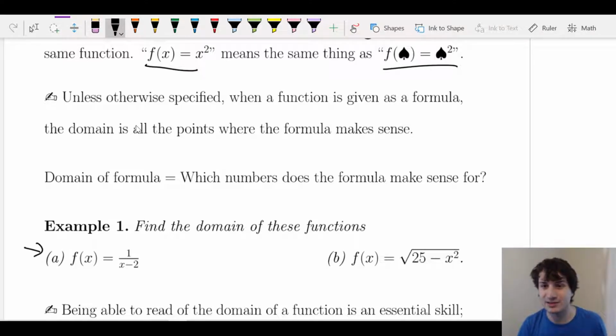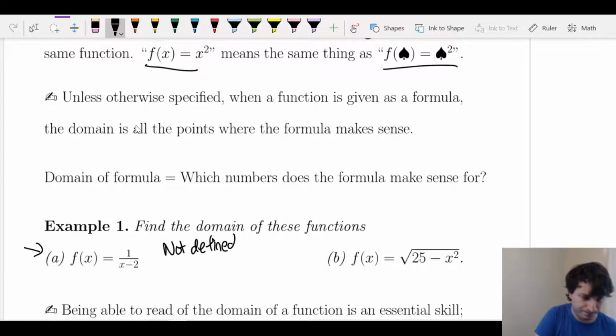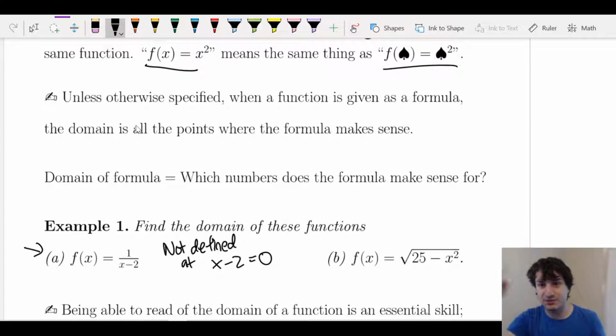It's wherever it makes sense. So when is it okay to divide by x minus 2? Well, you can't divide by 0. That could be the only possible problem. If x minus 2 is anything other than 0, it's no problem. You just divide by x minus 2. But when x minus 2 equals 0, it's not defined. So not defined at, let's make a little note here. Not defined at x minus 2 equals 0, because then you're dividing by 0.